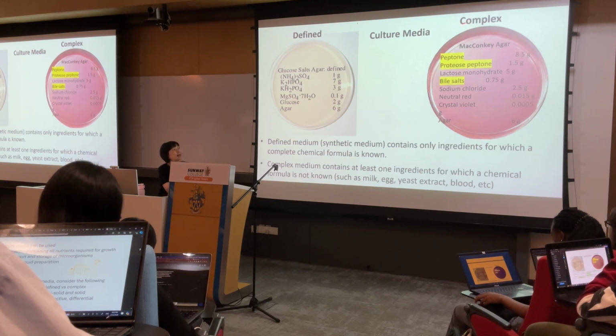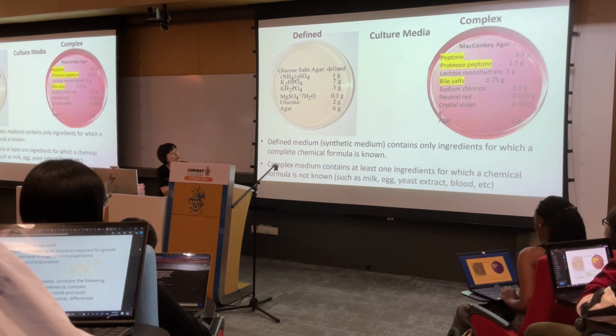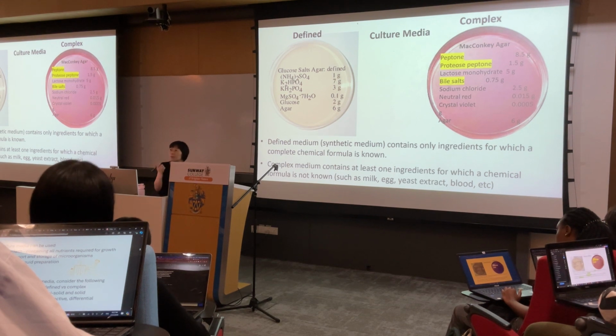However, complex, which is the opposite of defined, means you have no idea somehow, right? What is inside the peptone, proteose peptone, and also bile salt. These three do not have a very clear ingredient list. Basically, peptone is the extract that you extract out of meat, and then you use it to make the agar.